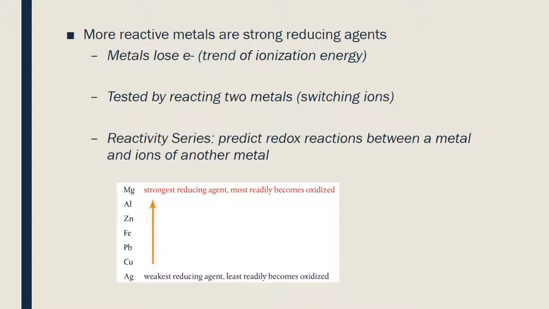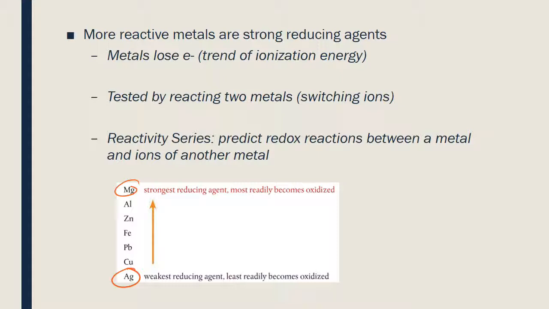So if you look at this list right here, silver is the weakest reducing agent. So it's least readily oxidized. It's a stable element, which is why we use silver for a lot of things. And as we move up, we move towards magnesium. On this list, and this list is by no means comprehensive, magnesium is the strongest reducing agent.